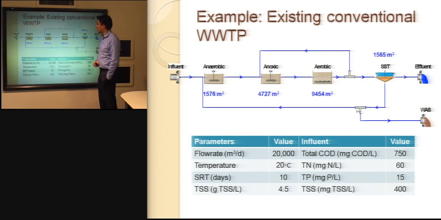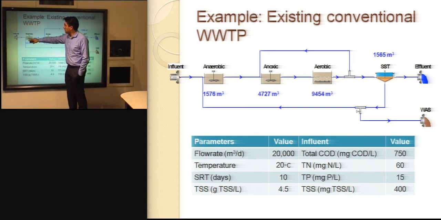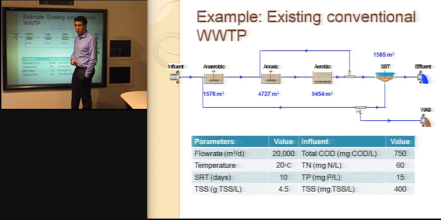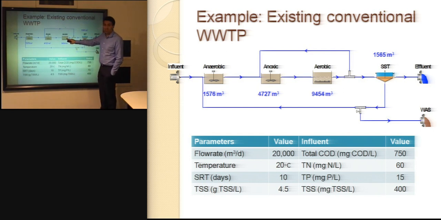How does it work? Basically, the influent is discharged in the anaerobic tank, mostly to enhance the biological phosphorus removal processes, and flows to the anoxic tank where denitrification processes take place for nitrogen removal. For that, it is necessary to have a recirculation from the aerobic to the anoxic stage. Then we have the main tank, the aerobic tank, where the organics and the nitrogen are oxidized and removed.